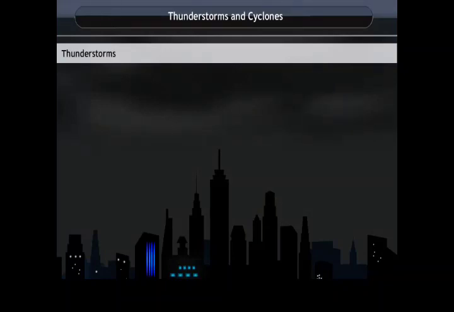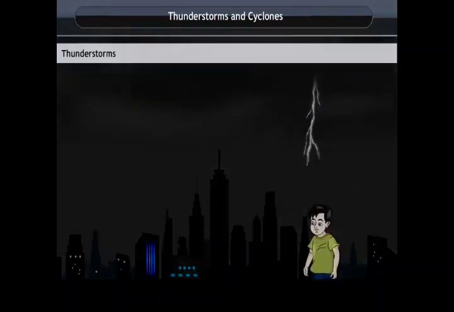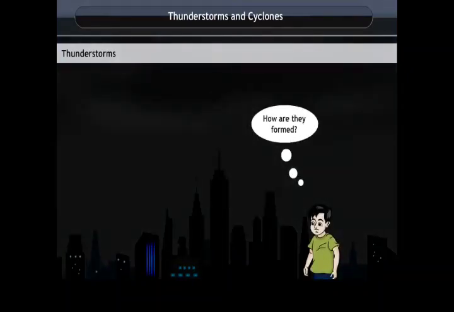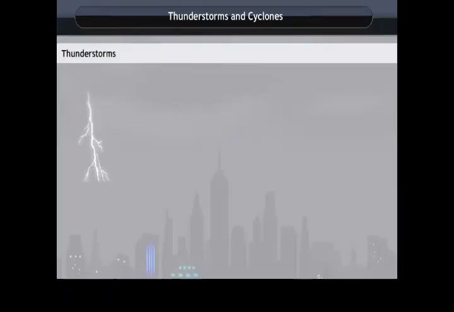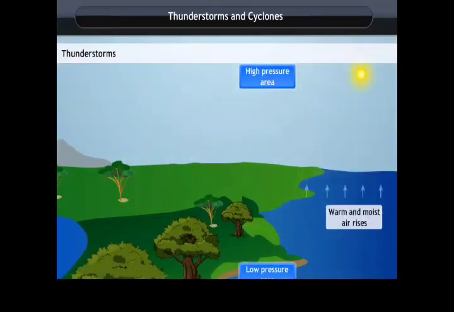Thunderstorms and cyclones. A thunderstorm is a high-speed wind that is accompanied by heavy rain or hail, lightning and thunder. Let us find out how they are formed. In hot, humid and tropical areas, the temperature of the air over the land is very high.